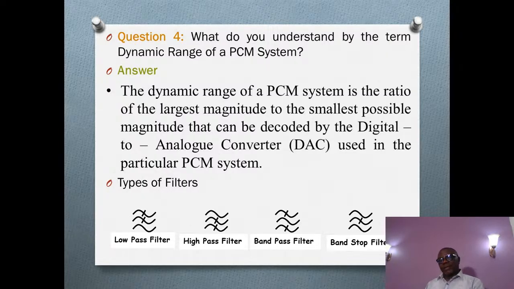So in your communication circuits, you will not always hear people talking or writing low pass filter, high pass filter, band pass filter, or band stop. They will just use the symbol to represent it. And as a communications engineer, anytime you see that, you know exactly what the person meant.